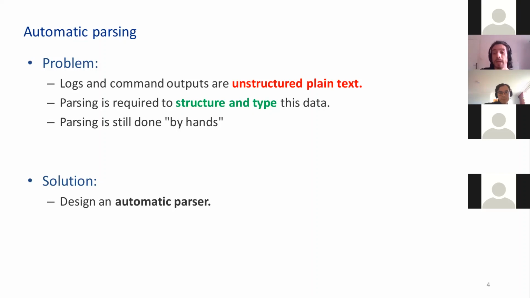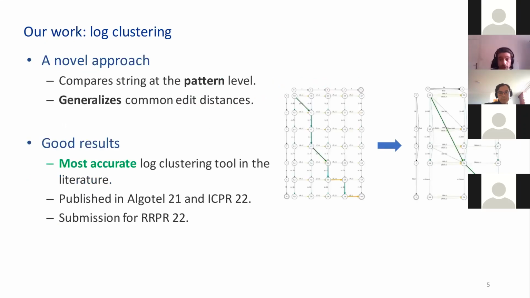In the little time I have today, I cannot go into detail on every step required to build an automatic parser, but I will give you an overview of my work and what we've done so far. The first part is about log clustering. When we want to parse a log completely, we need to become aware of every template there is. So the first step is to cluster the lines of this log according to their template.